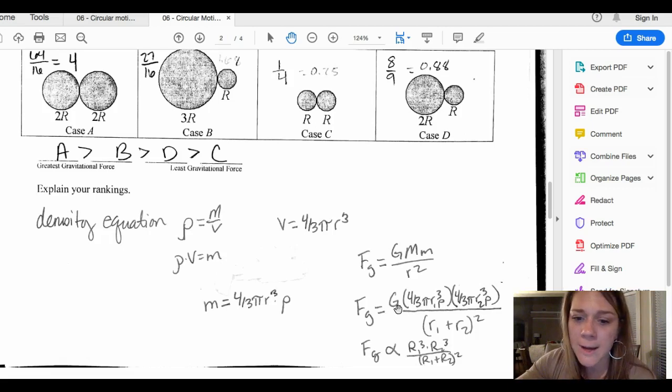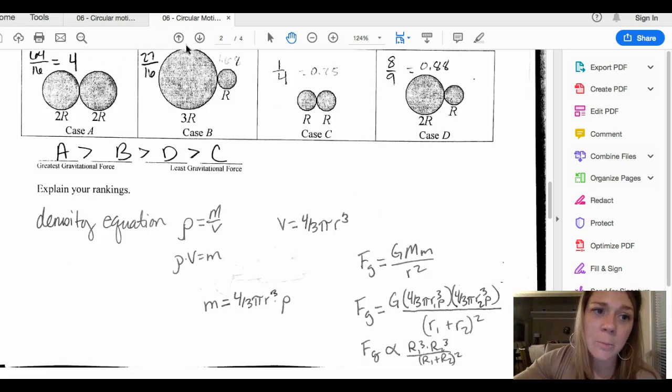And so I ignored G, 4/3 pi, and the density of the planets, because those things were all the same in each scenario. The only thing that was different in each scenario were the R values. So really, if you multiply the cubes of the R values and then divide by the square of the sum of the R values, that's what you're going to rank.